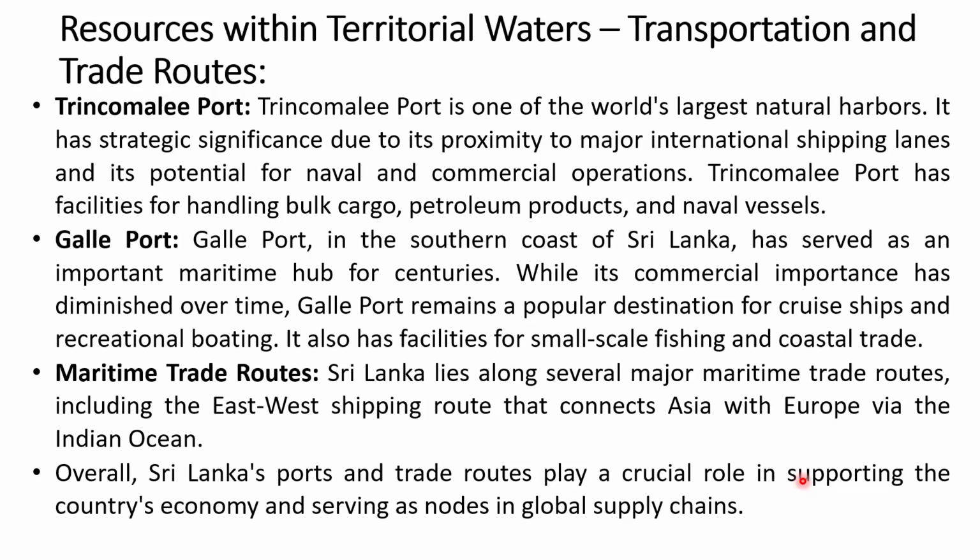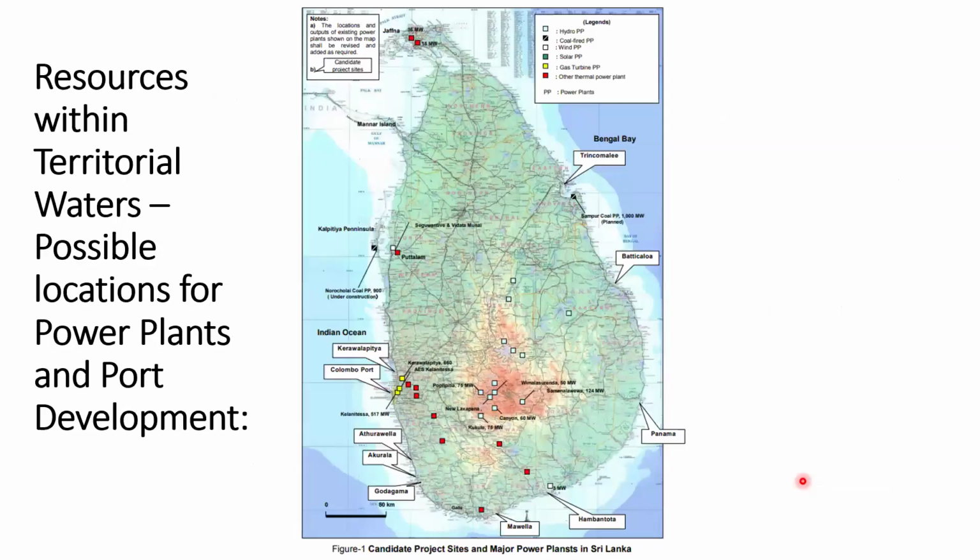Now, that's a very important thing. The other main thing is, we have done some surveys regarding the resources within territorial waters, and we have identified locations for power plants and port development. Now you can see these are the locations we have identified.